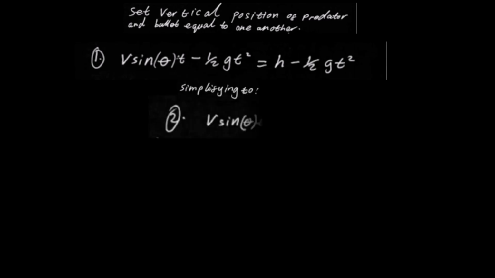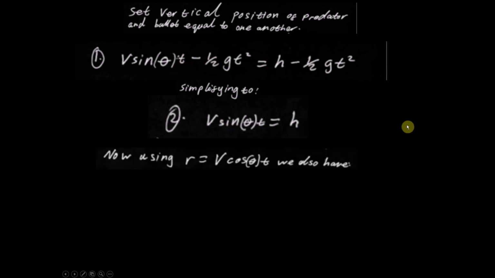So v sine theta t minus 1/2 gt squared will equal h minus half gt squared. So we're setting these positions equal. This will simplify down, as we have half gt squared on both sides, to v sine theta t is equal to h. Now we can use the fact that r is equal to v cos theta t in the x direction here.